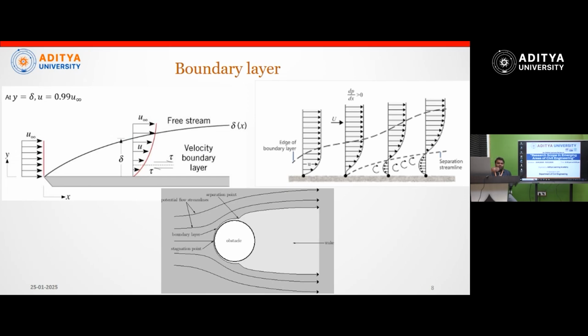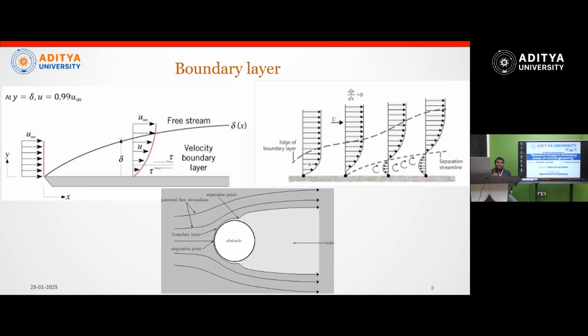Above the boundary layer, du by dy is 0. It means the free stream velocity, let us say u infinity, will be constant at all the levels above the boundary layer. So below the boundary layer, the velocity gradient exists; above the boundary layer, it does not.